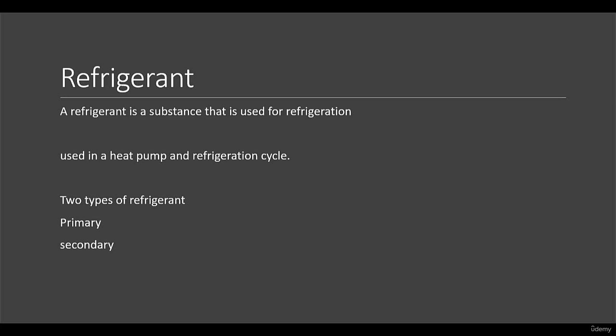Then there is the secondary refrigerant. A secondary refrigerant is like water, and so on. This is used for transferring heat from one place to another, like in a chilled water system. So these are the two main types of refrigerant.